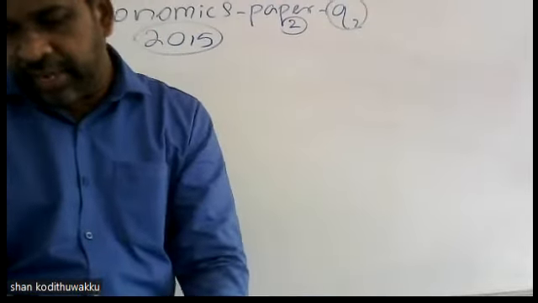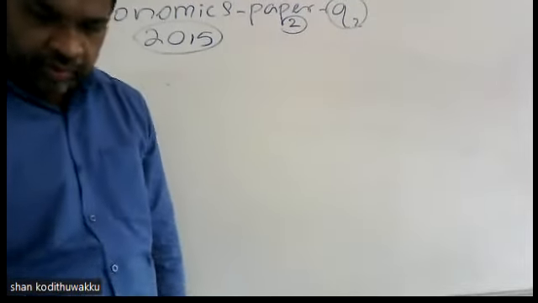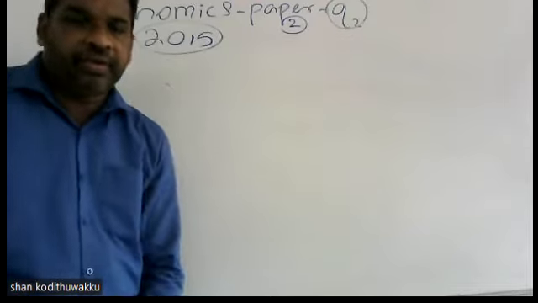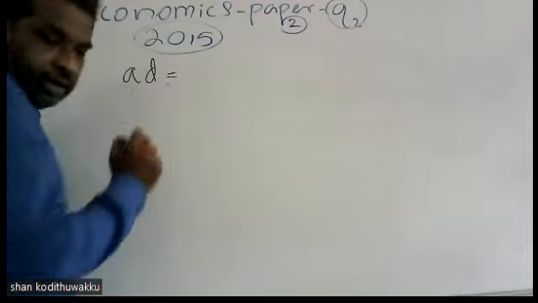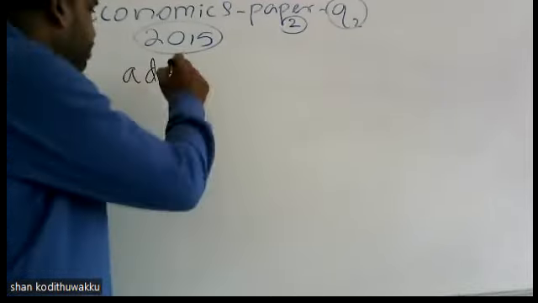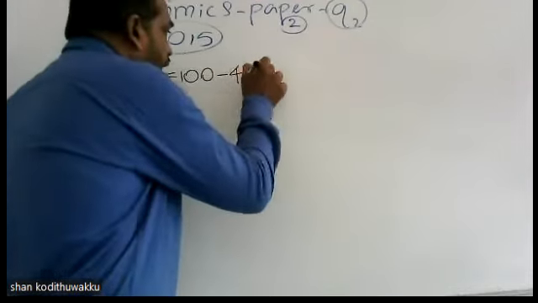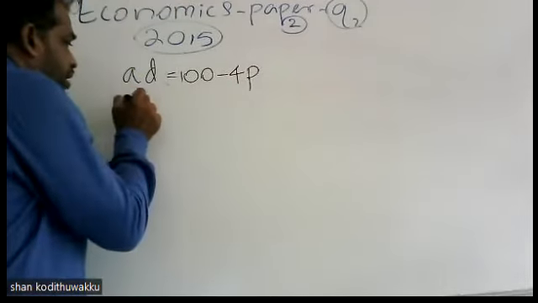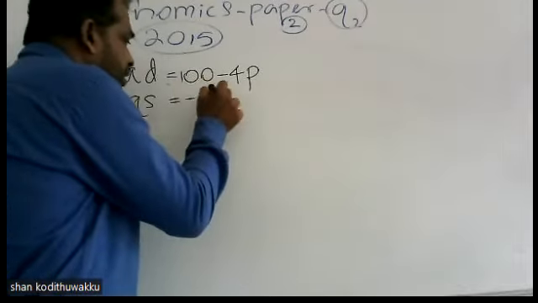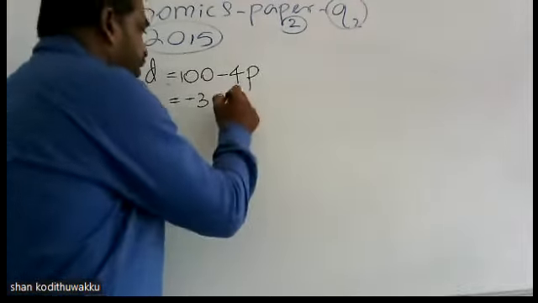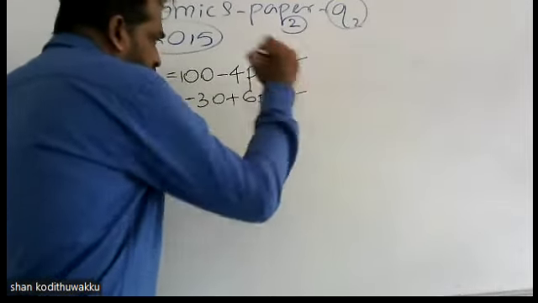Here you are given two demand and supply equations: QD equals 100 minus 4P, this is our demand equation, and QS equals minus 30 plus 6P, this is the supply equation.